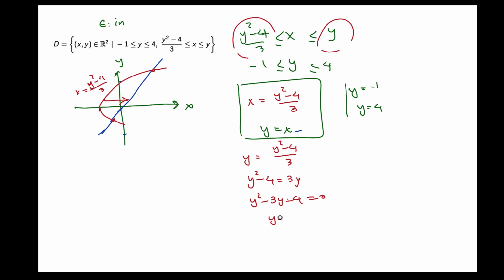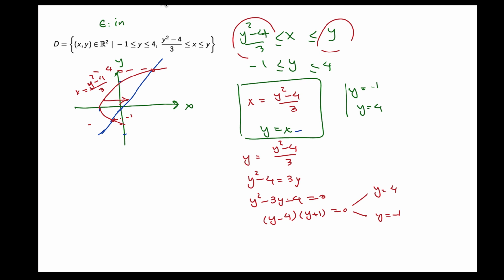That gives me y minus 4 times y plus 1 equal to 0, since minus 4 plus 1 is minus 3, and they multiply to minus 4. So it gives me two answers: one of them is 4, the other one is negative 1. So these two are actually negative 1 and 4. So this other boundary also works.